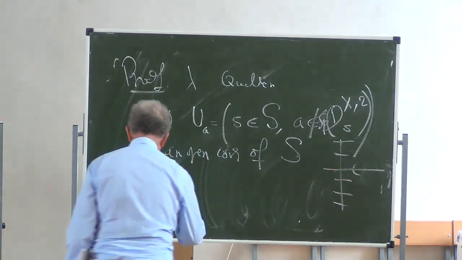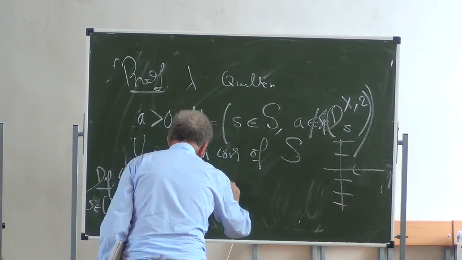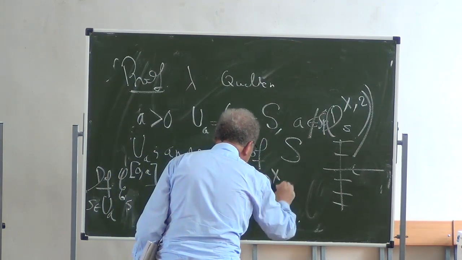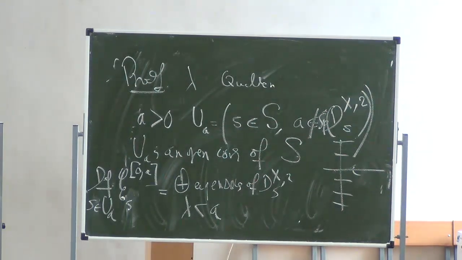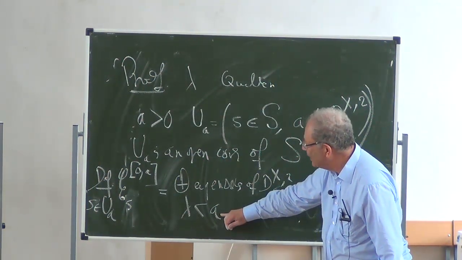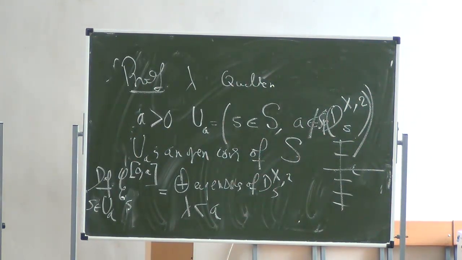This is the direct sum of the eigenspaces of dx squared s for eigenvalues smaller than A. So in other words, at each s, I just look at the direct sum of the eigenspaces of dx squared for lambda smaller than A. This is actually a finite dimensional Z2 graded vector bundle.